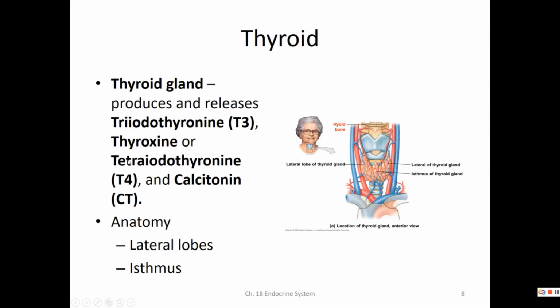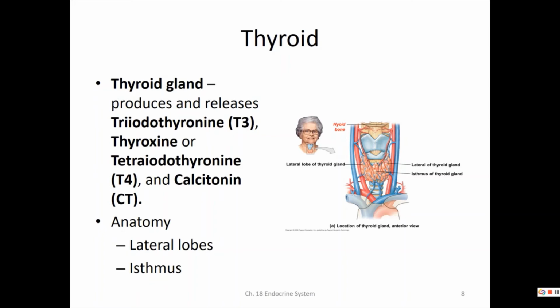Thyroxine is tetraiodothyronine. I apologize. So T3, triiodothyronine, T4, thyroxine or tetraiodothyronine, and then calcitonin. Now, calcitonin, though released by the thyroid, is not T3 or T4, so it's not one of the thyroid hormones that were amino acid hormones we saw in lecture.